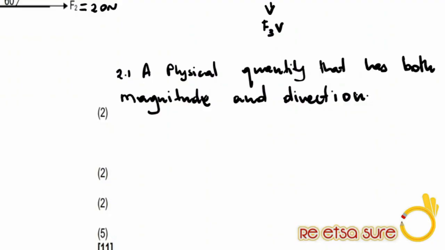A physical quantity that has both magnitude and direction. So you will get your 2 marks for just writing a physical quantity that has both magnitude and direction.